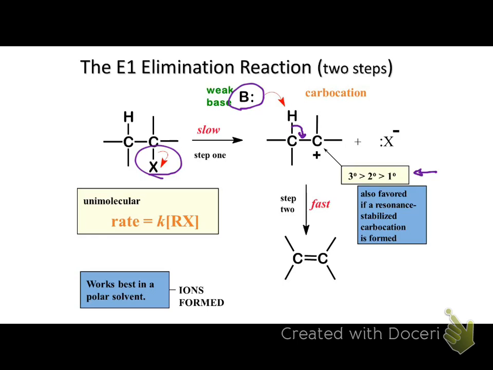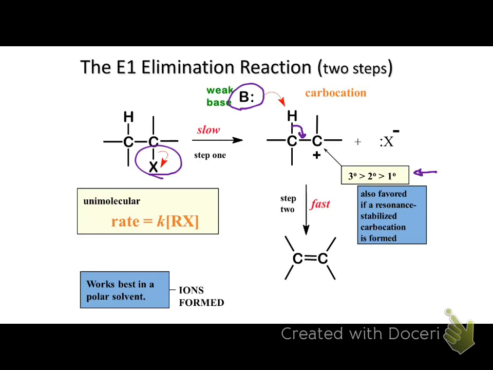There's a little note here. It says works best in polar solvents, which is just because ions are more stable in polar solvents. Questions about E1? Carbocation, then elimination. But it's still a beta elimination. Still the other hydrogen has to go. Still follows Zaitsev's rule. Still follows the same stability rule.